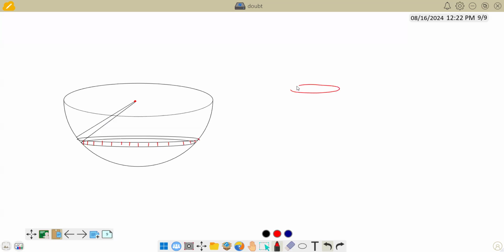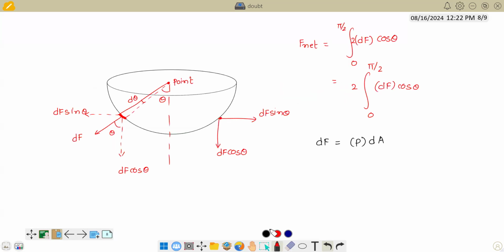That means there would be an invisible strip in this way with a small area of dA. So dA represents the total area of the strip. So if you draw an imaginary circle here, we have to find what is the radius of that imaginary circle. We know this is r, this is theta. So this one would be r sine theta. So dA value would be 2 pi r sine theta into its small thickness, r into d theta.